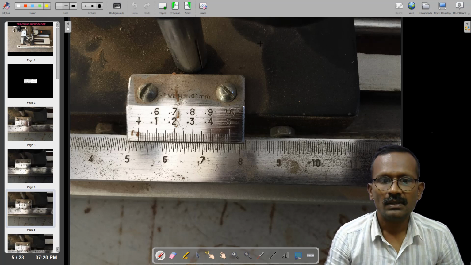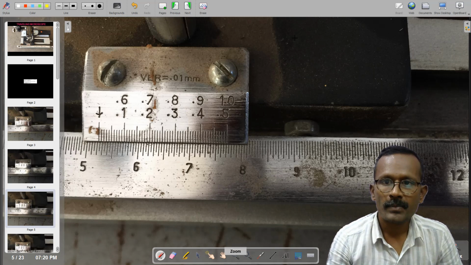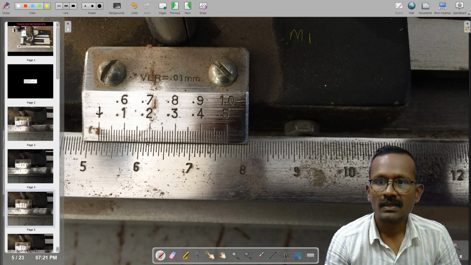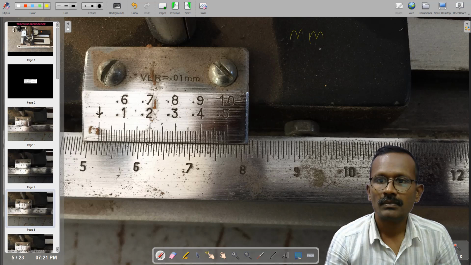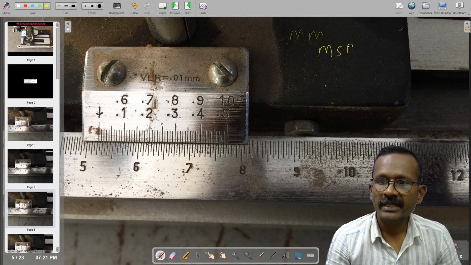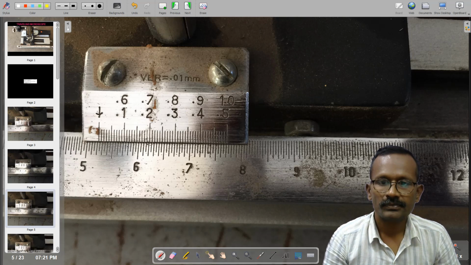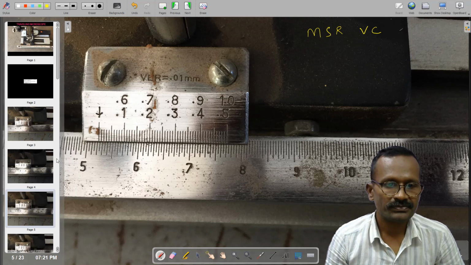Now I take the main scale reading, and vernier coincidence.